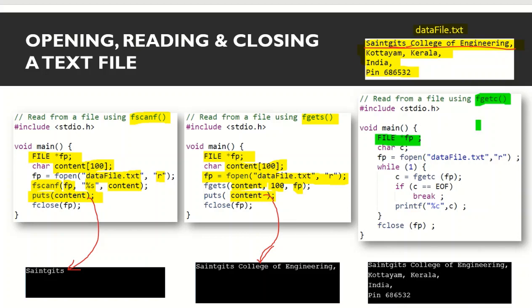In this case, the fgetc function is used for reading only a single character, so we must do it in a loop to read the entire data. So I am declaring the buffer. Here the buffer size that we require is only a single byte, so I am declaring a character c and opening the file in read mode.